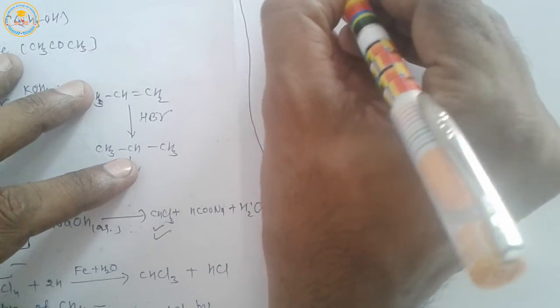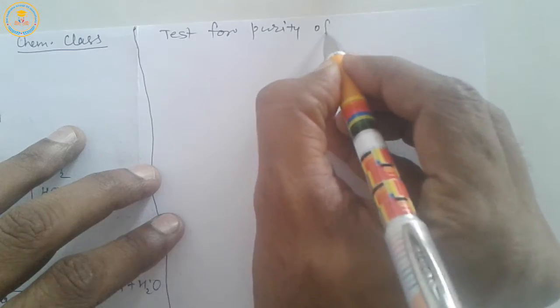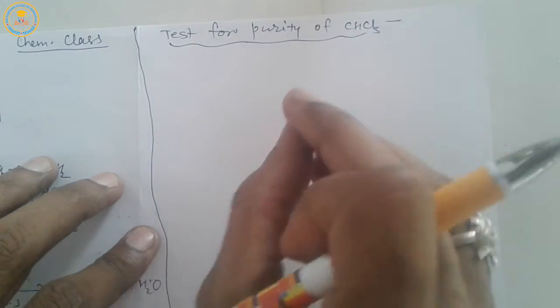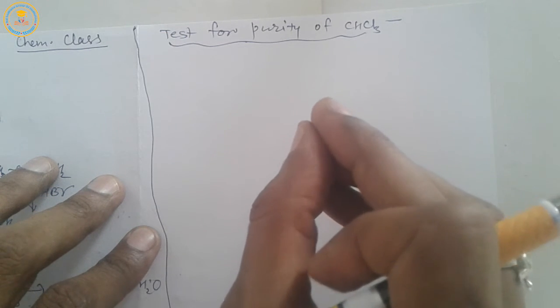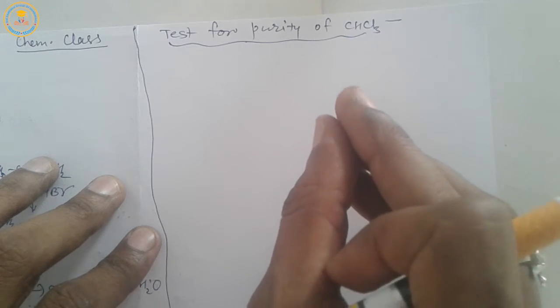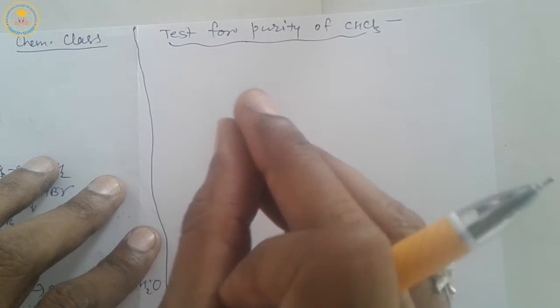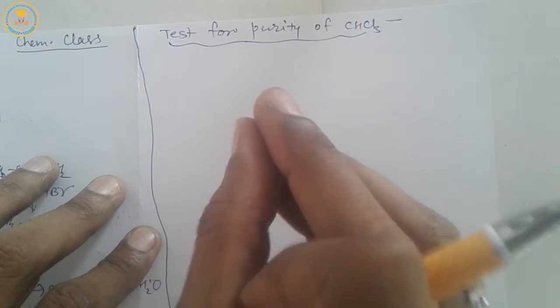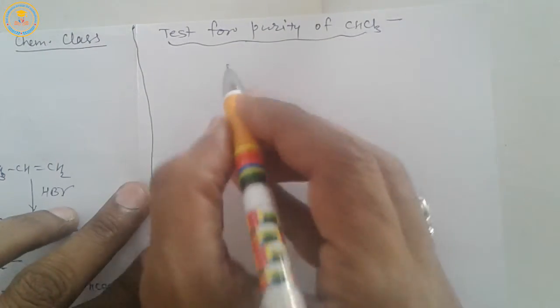Now, next point is test for purity of chloroform. Impure chloroform gives you a white PPT with AgNO3. Very important. I repeat, impure chloroform gives you a white PPT with silver nitrate solution because in impure chloroform, HCl gas is formed in presence of air and light.